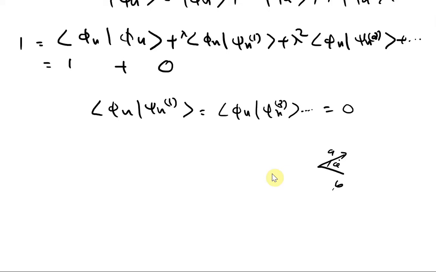That's the whole point. So the correction terms which are coming are perpendicular to the vector phi n. So we got this result: phi n dash, phi n 2 etc. are going to be equal to 0.